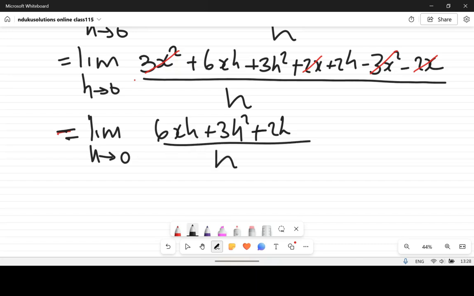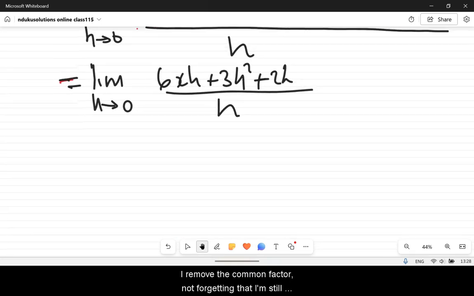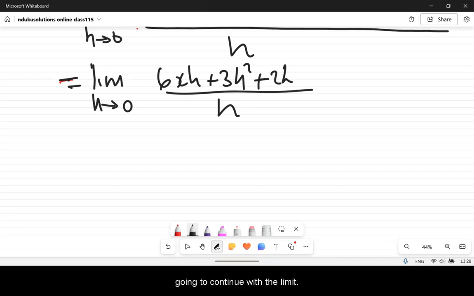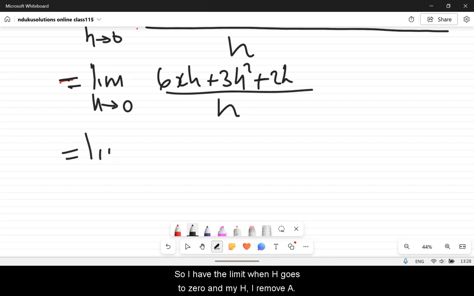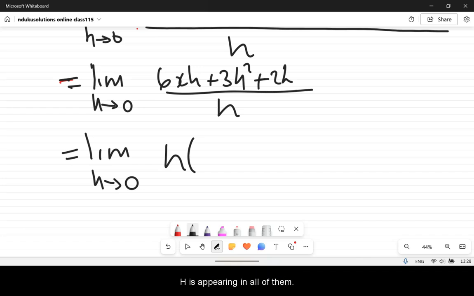I can simply see that there's a common factor there, which is h. I remove the common factor, not forgetting that I'm still going to continue with the limit. So I have the limit when h goes to 0, and I remove h because h is appearing in all of them. There's an h, there's an h, there's also an h this side.